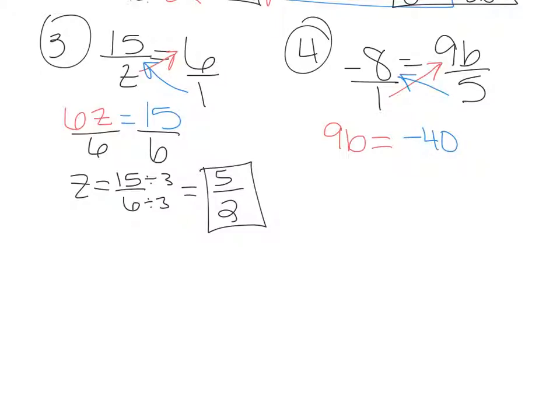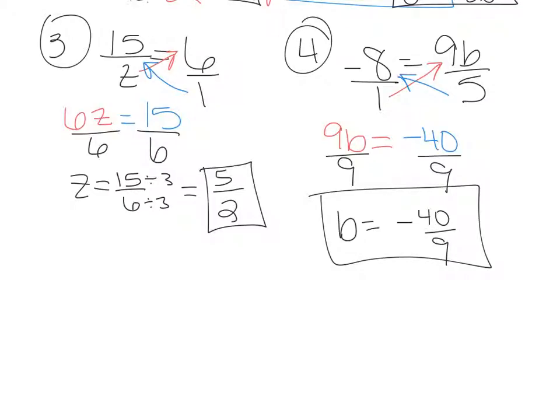And then divide both sides by 9. Do 40 and 9 have any common factors? I don't think so, so we're just going to keep it as negative 40 over 9.